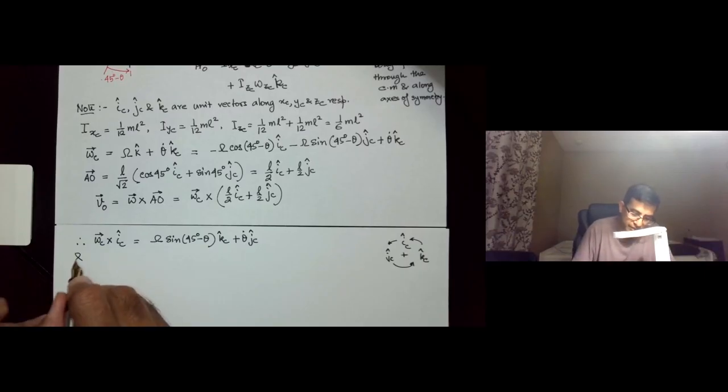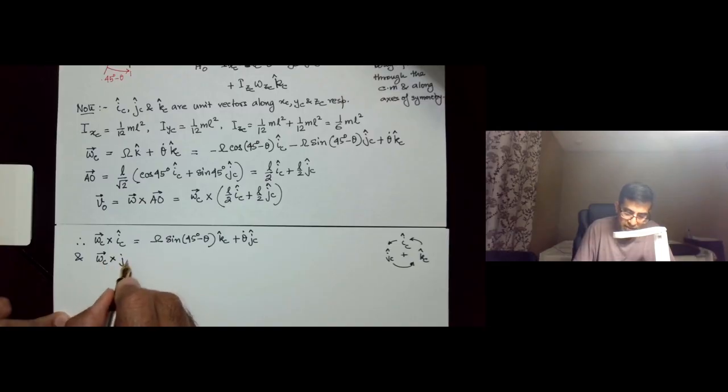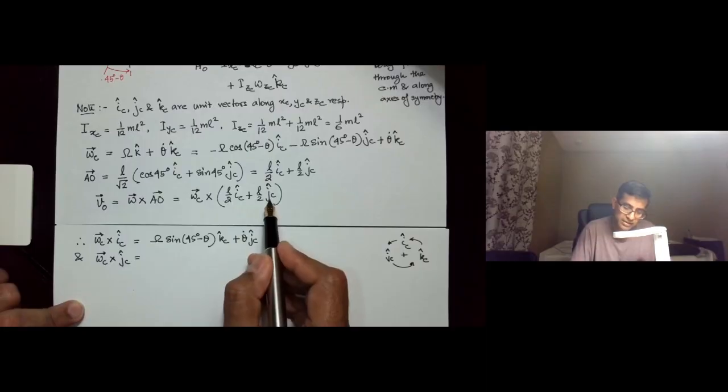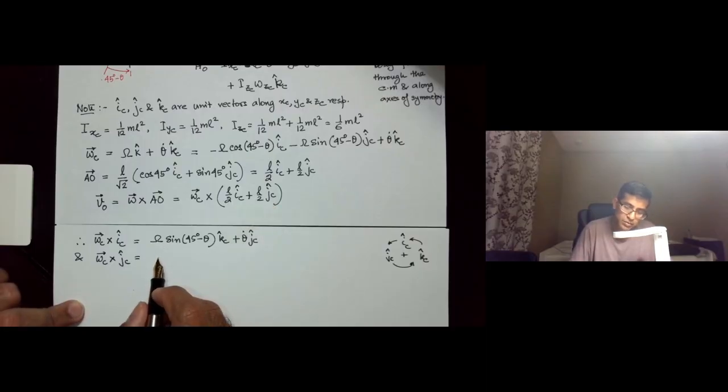Alright, and similarly we will have omega C cross JC, which is basically the second term.